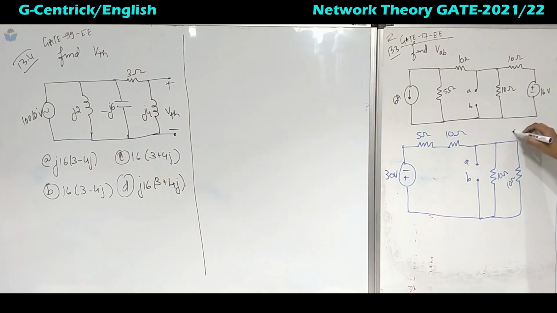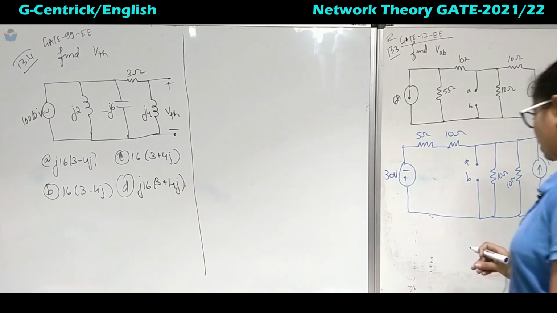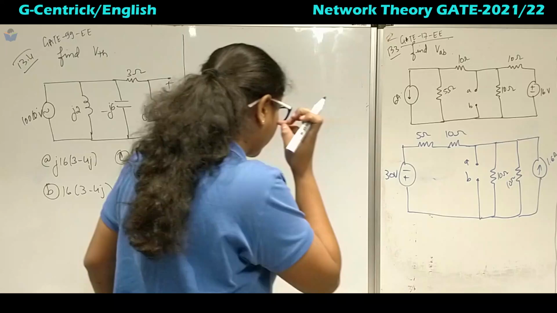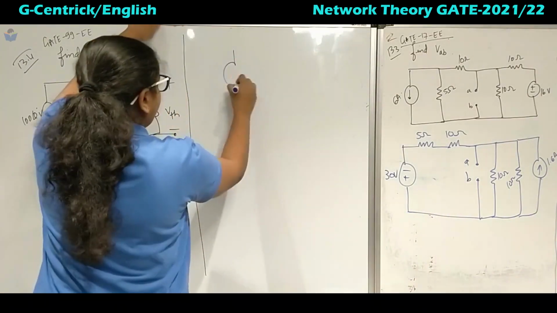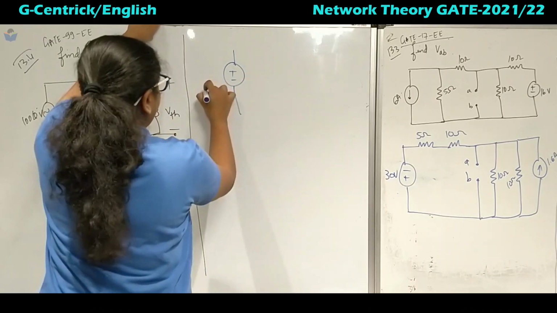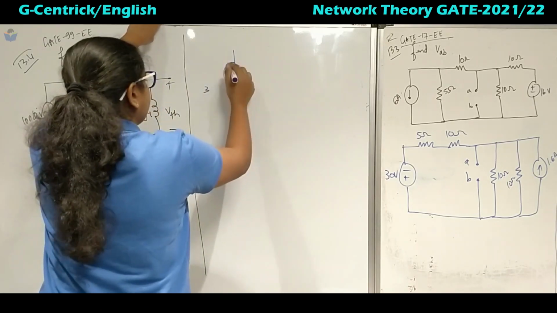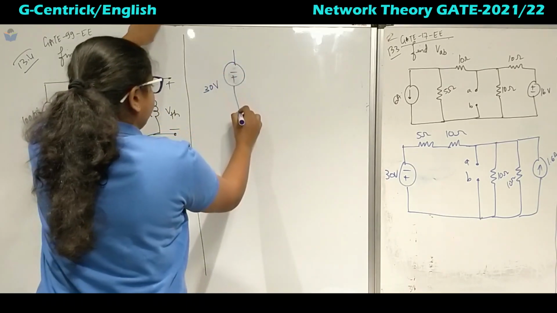For the current source it will be V by R, that is V is 16 by 10. So how much will it be? 1.6 amperes. So this will be the current. Now I can still further reduce this circuit. I'll redraw here, plus minus 30 volts, sorry, this is minus plus, so be careful of the polarity.